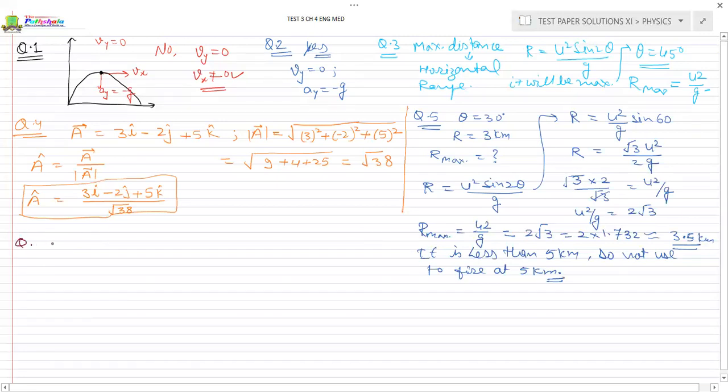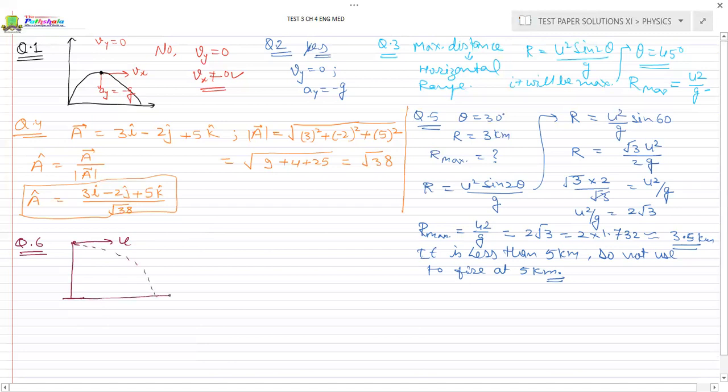Okay, then question number 6. A fighter plane drops a bomb from 500 meter height. Height is given to you as 500 meter, and the velocity in the horizontal direction is 300 meter per second. During the dropping of the bomb, if the plane drops the bomb on some military station, will the bomb drop at the station? Look, whenever we drop any object with a certain horizontal velocity from a certain height, it follows a parabolic path.